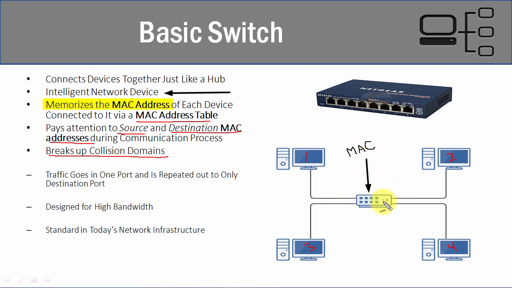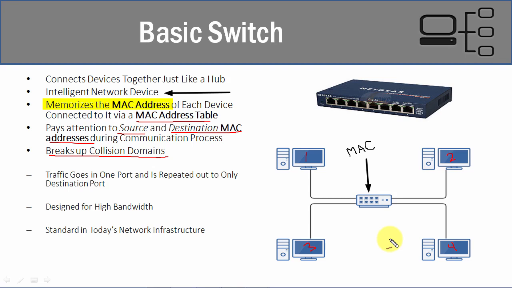So it sends a request to all the computers on the network, and it says, hey, are you this computer? Are you this destination with this MAC address? And then this computer is going to respond, and then it's going to record it into its MAC address table. And as they all communicate, it's going to do that process, and only the computer that is the proper destination address is going to respond and say, yeah, that's me here.